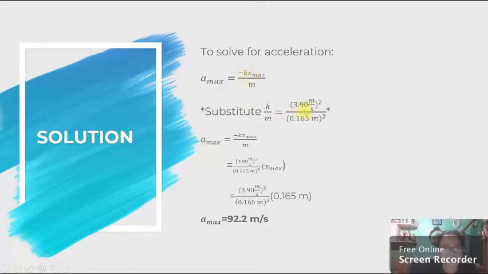Since it's k over m, the value of k over m times x max, with our x max from the given being 0.165, we perform the indicated operations, and then we're going to have an answer of 92.2 meters per second squared. So that is the maximum acceleration.